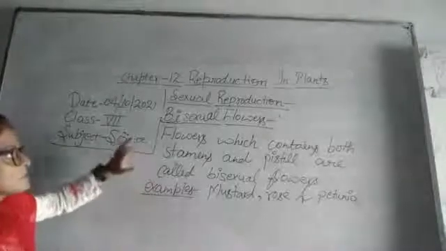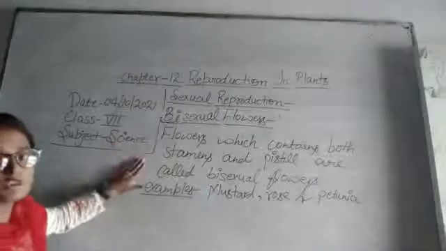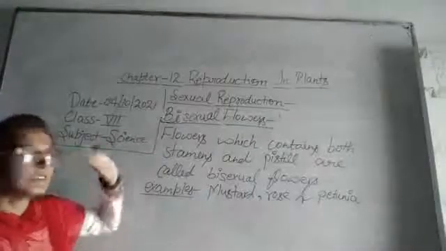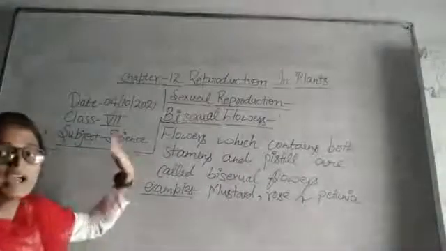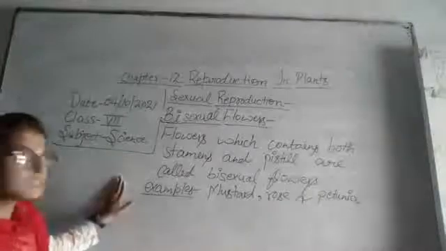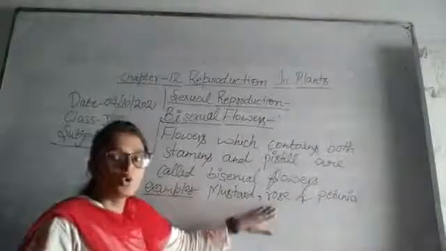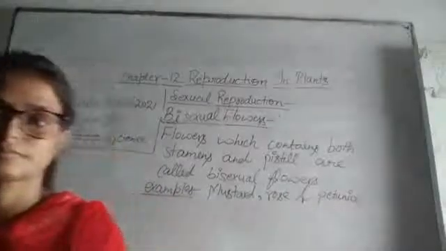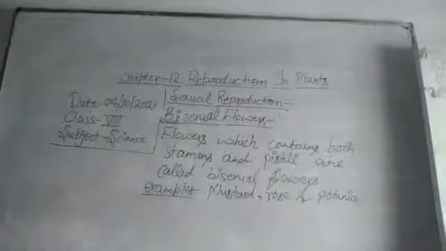Means bisexual flowers are those types of flowers which contain both reproductive parts, that is female reproductive part and male reproductive parts. Okay, examples are there: mustard, rose and petunia plants. I hope this is clear to you.